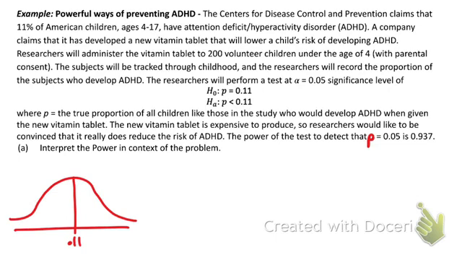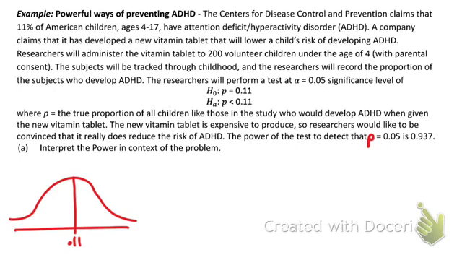What we're saying by this power statement is that if the actual proportion after taking the vitamin goes all the way down to 5%, then we have a 93.7% chance of proving that. That's what that means. The null hypothesis is that the true proportion is 11%. That's what has always happened with ADHD. We've had 11% of the kids having ADHD.